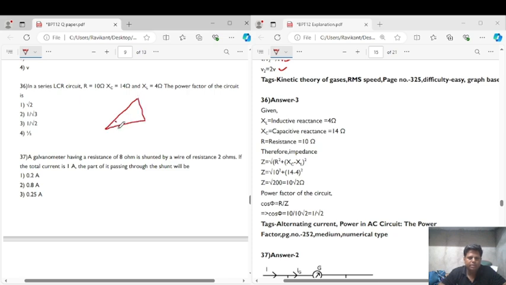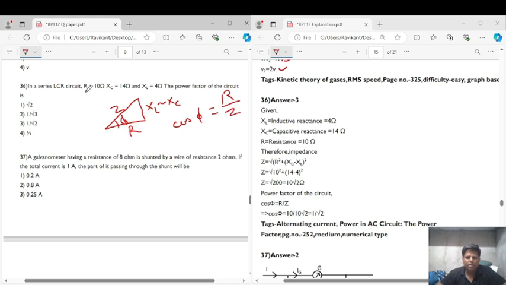This is phi, this is Z, this is R, and this is the difference of XL and XC, and the power factor is cos phi. So cos phi will be equal to base upon hypotenuse, that is R upon Z, right?